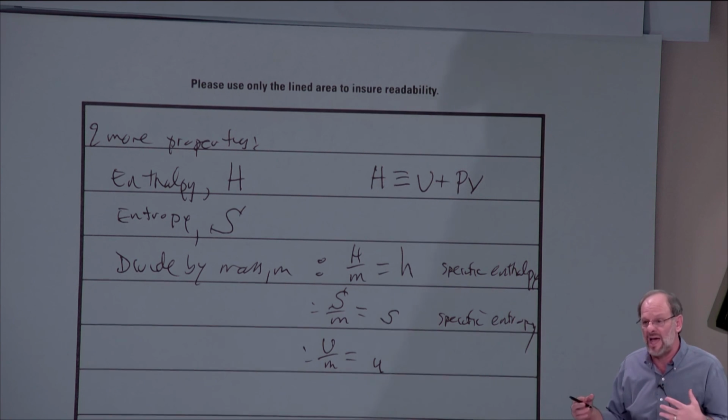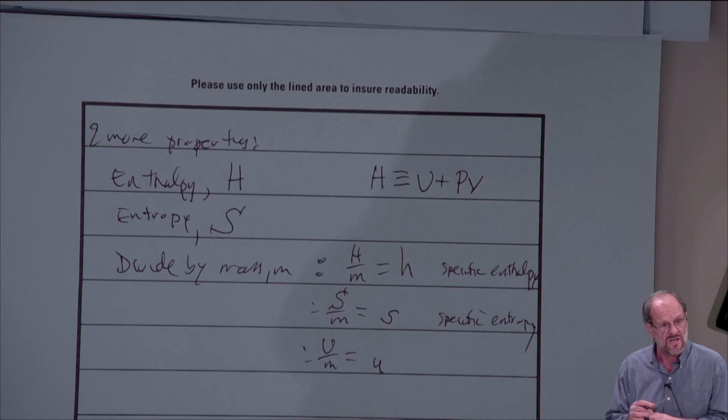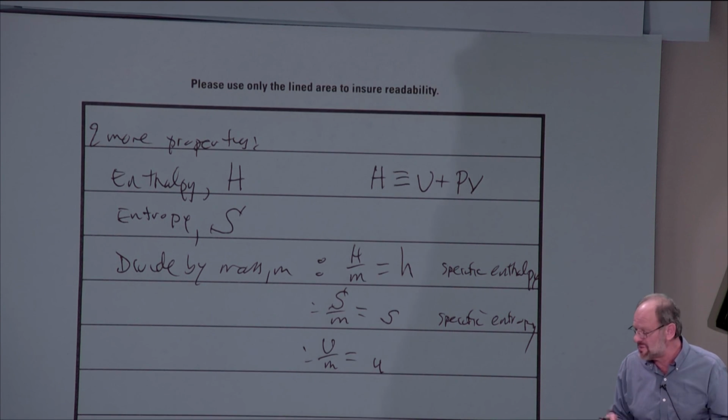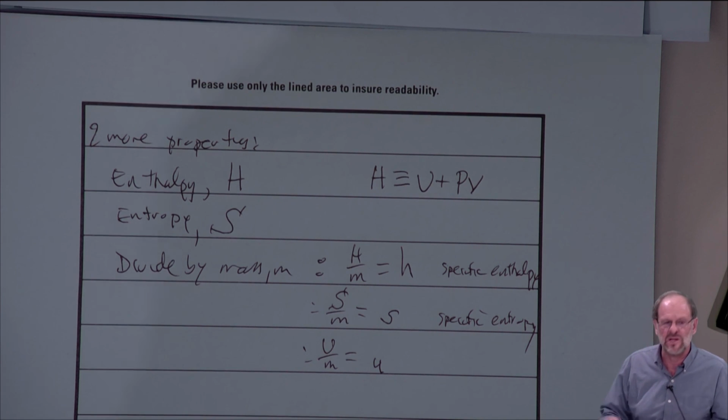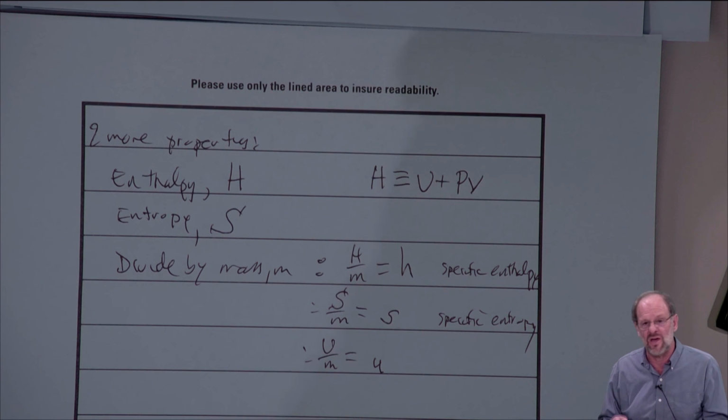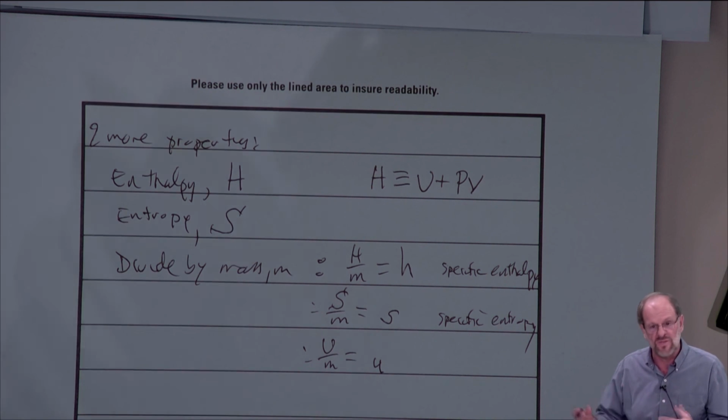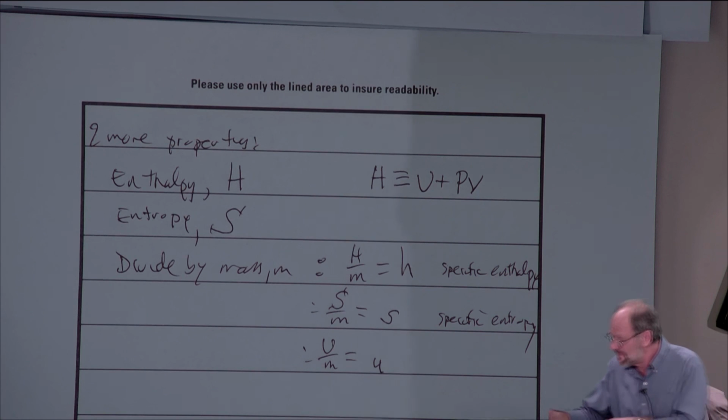It will be implied that the author is talking about specific values, even though the author never writes the word specific into the book. So I just want you to be aware of that. Look at the problems, look at the context of the problems, and just be aware that the author, more often than not, just doesn't use the word specific within the textbook, even though he means to.